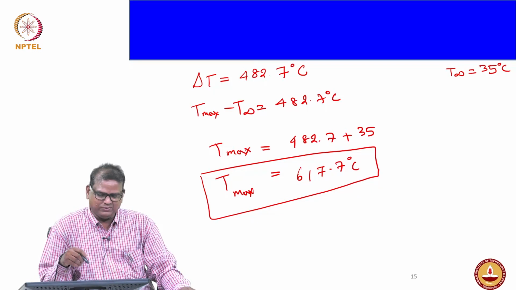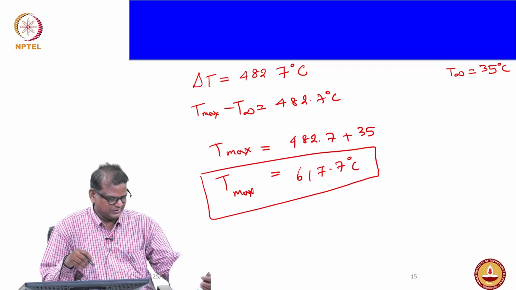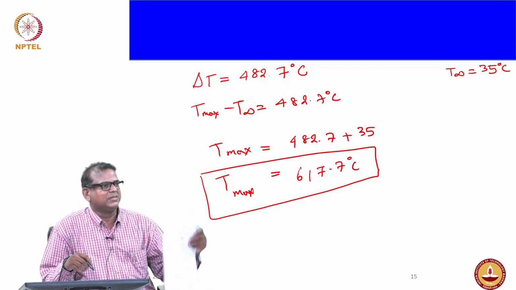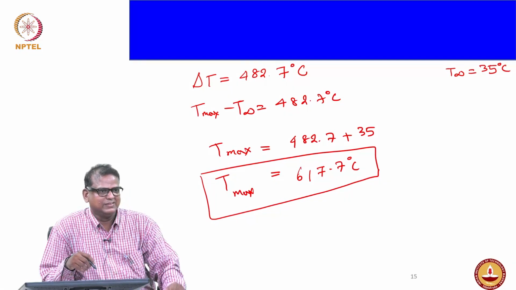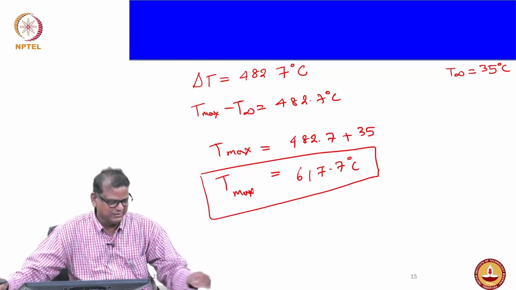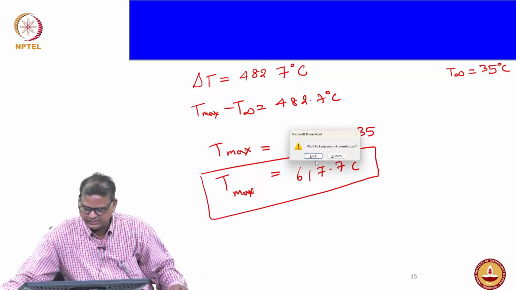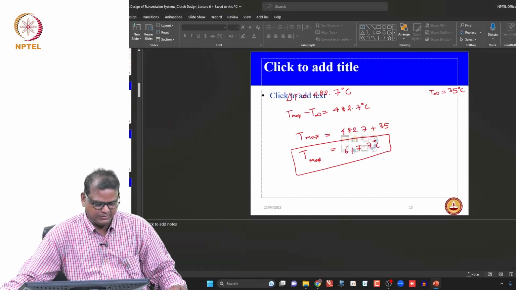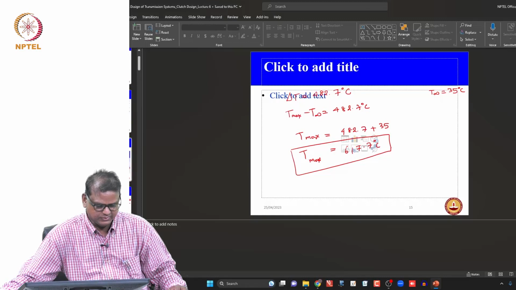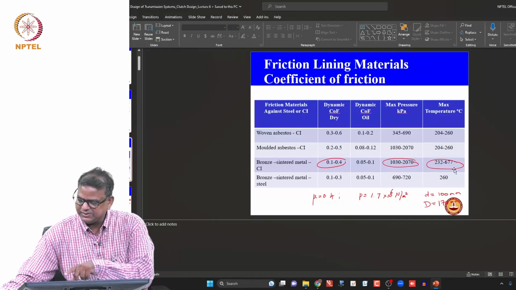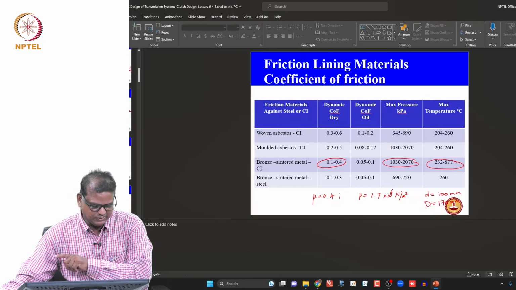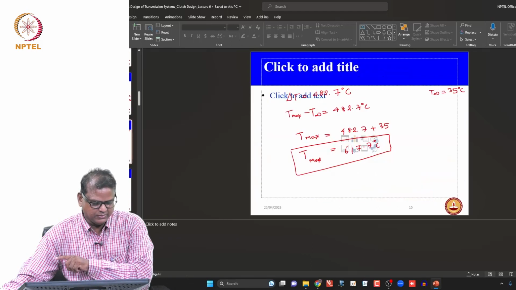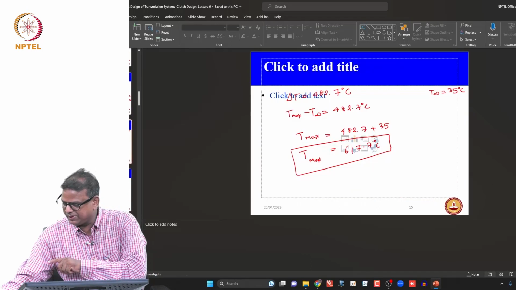Maybe can you go back to the table? What is the maximum temperature range you are getting from the table? Let me go again. Look at what temperature you are getting. 232 to 677, right? 677.